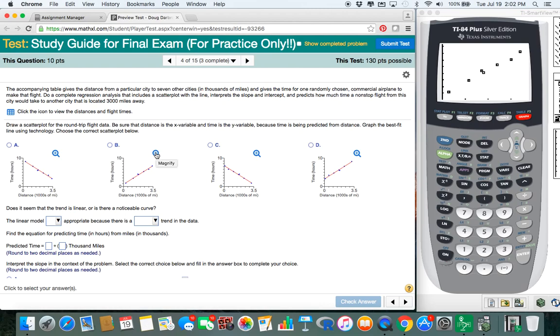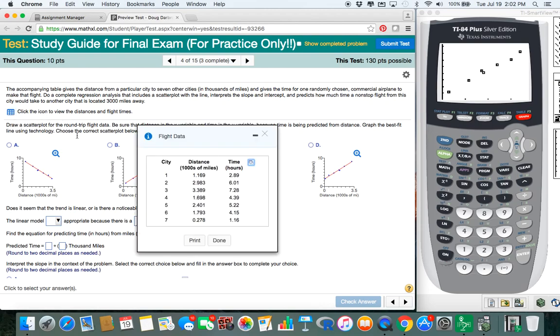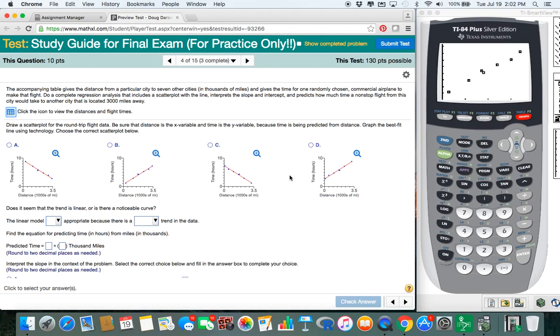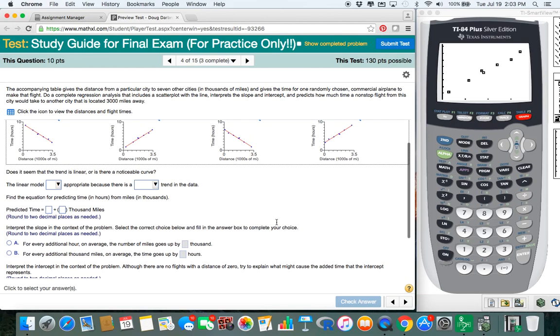It's kind of hard to tell, isn't it? Well, I can see here that my lowest measurement has a Y value of about 1. So my lowest measurement, which is 0.278, has a Y value of 1.16. That's not the case over here in D, so I'm pretty confident that B is the right one.